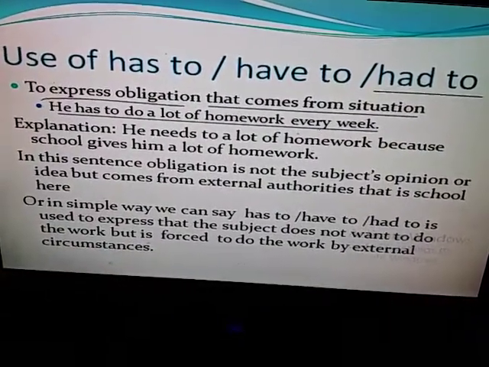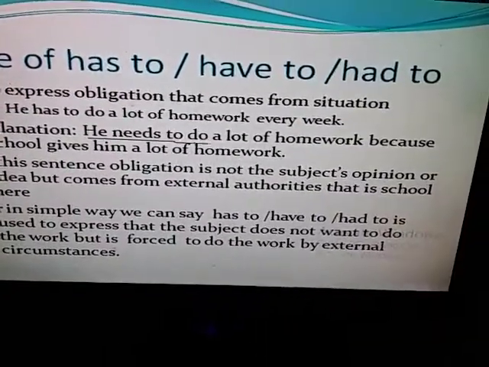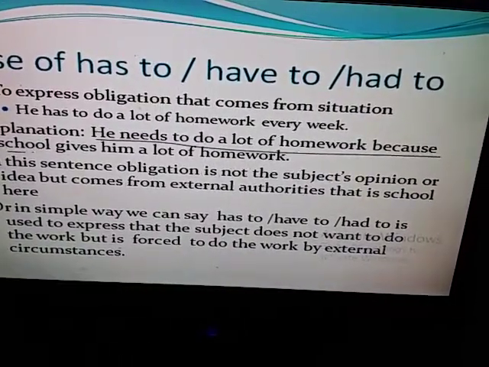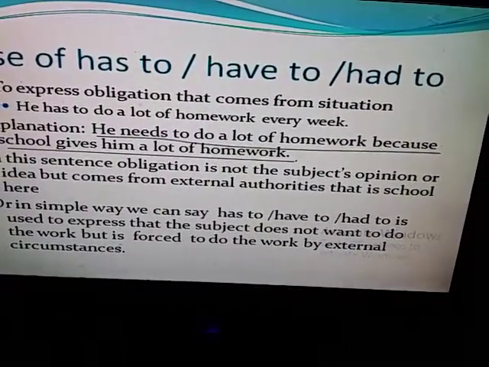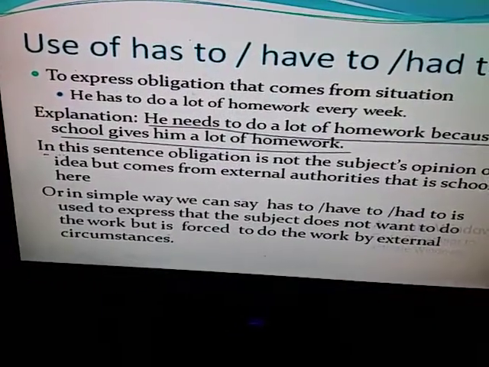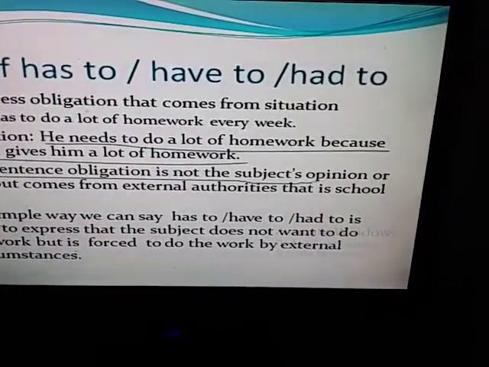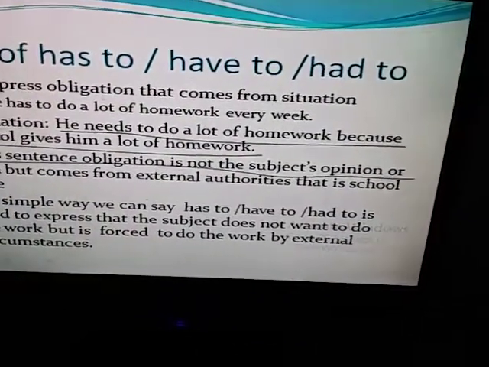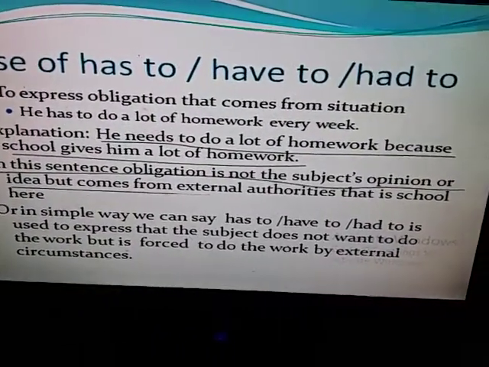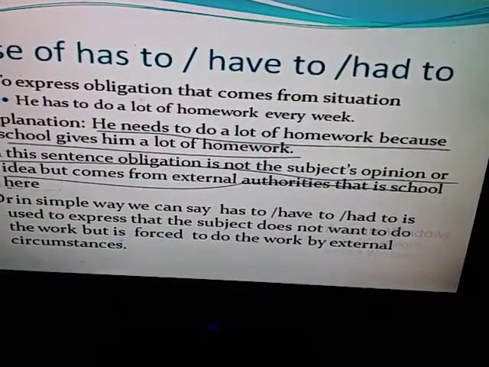In this sentence, he needs to do a lot of homework because school gives him a lot of homework. That means in this sentence, obligation is not the subject's opinion or idea, but comes from external authorities, that is, school here.